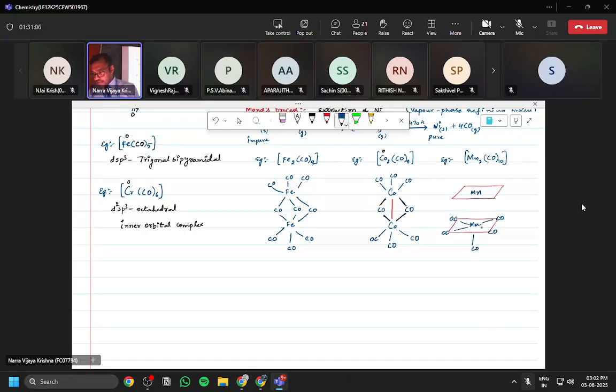All forms. What type of geometry is it? Square pyramidal or not? Now there will be one bond between manganese and manganese.